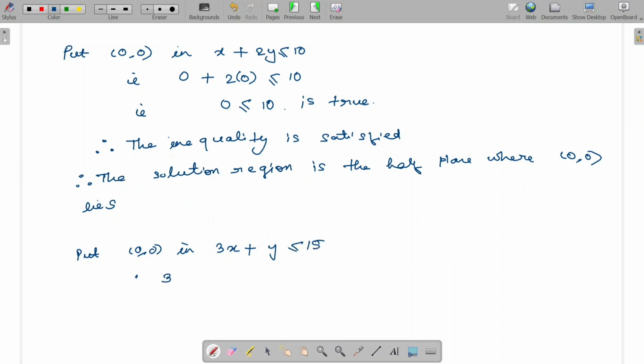That means 3 times 0 plus 0 is less than or equal to 15. So 0 is less than or equal to 15, that is true, right? Therefore the inequality is satisfied.